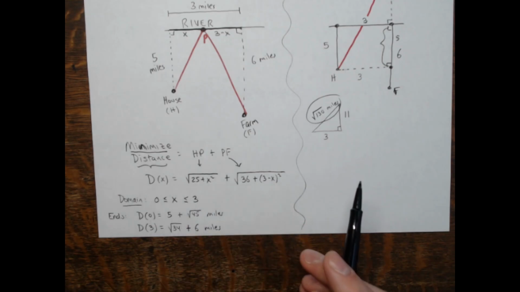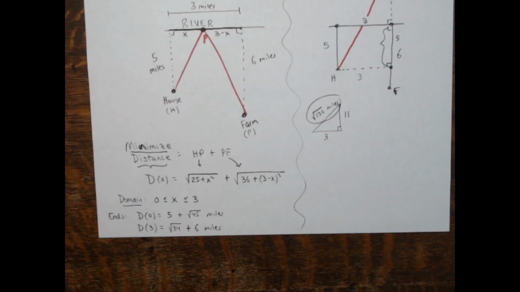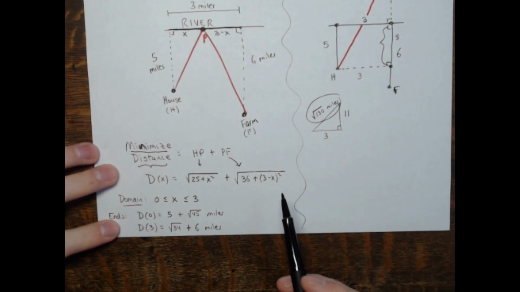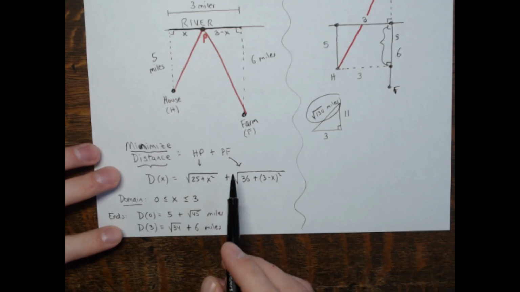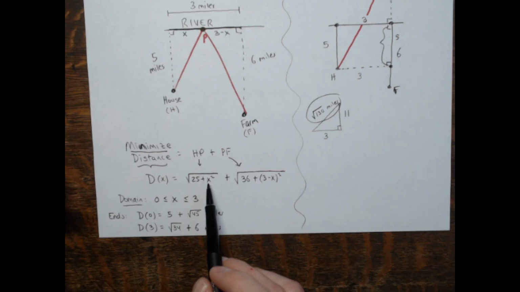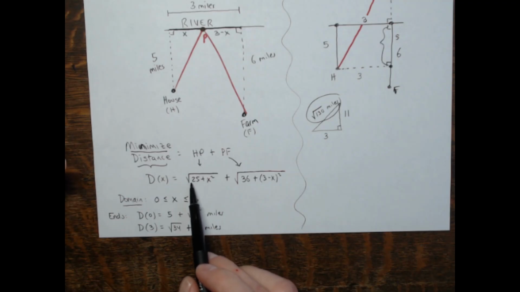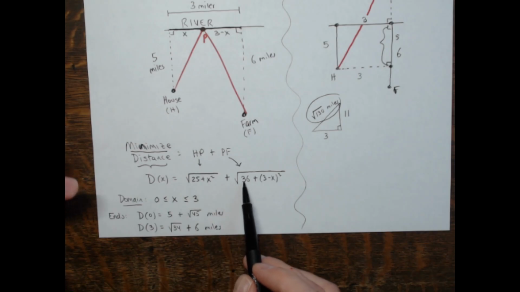Now, critical points. You could simplify this a little bit by saying, hey, this is a non-negative quantity.